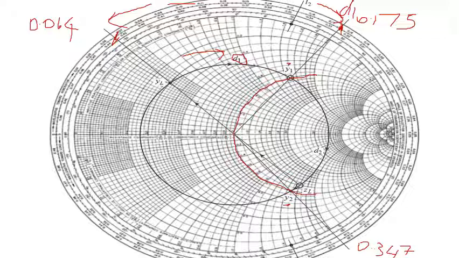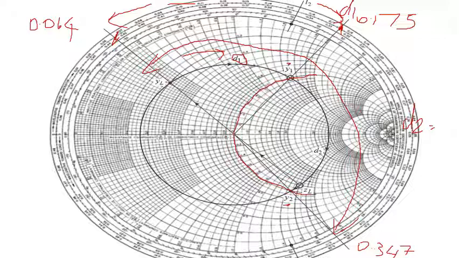So how will you find D2 now? D2 will be again the distance between, in clockwise direction, the position of this Y2 and, sorry, 1 minute. Yeah. I'm just marking it over here so it becomes easier for everybody. Just have to go in this way. So this becomes your D2. D2 will be equal to 0.347 lambda minus 0.064 lambda.